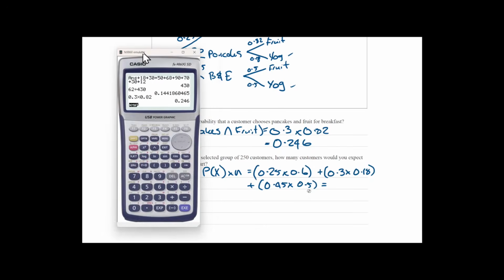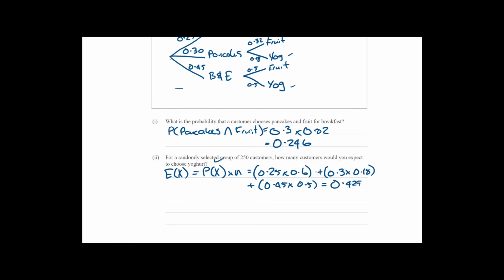So let's grab a calculator and work it out. Plus 0.3 times 0.18 plus 0.5 times 0.5 equals 0.429.